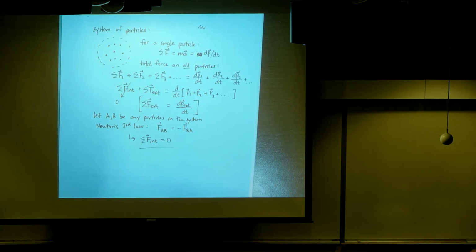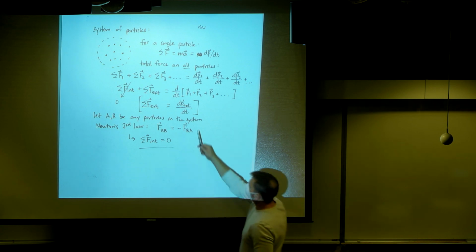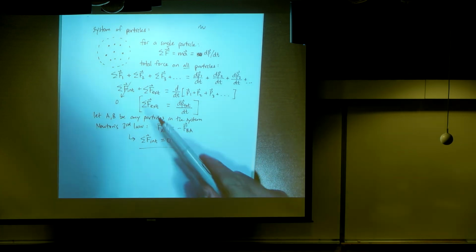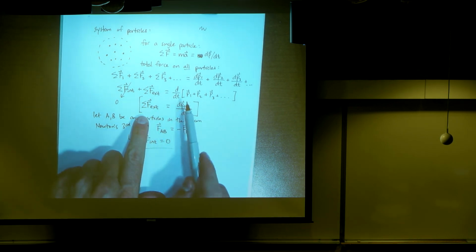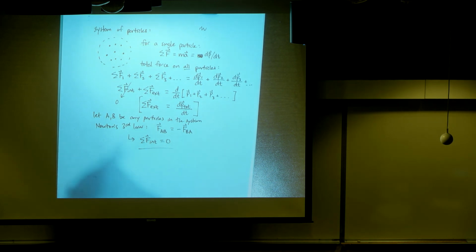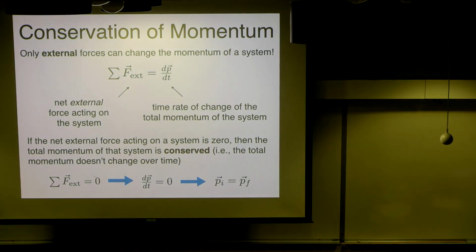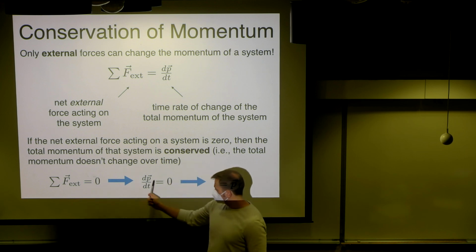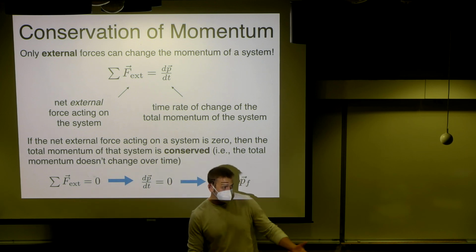That the sum of external forces equals dp dt for your system, okay? It's the external forces, when added together, that give you the time rate of change of momentum in your system, okay? And what conservation of momentum says is that if you don't have any external force overall, then dp dt for your system is 0.